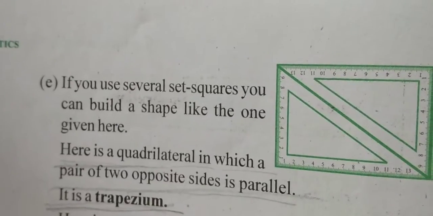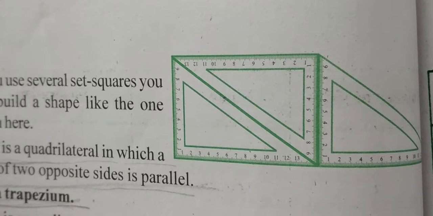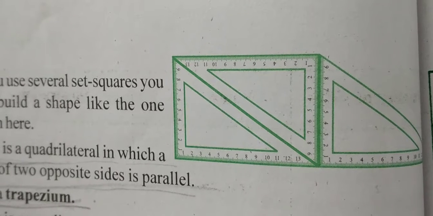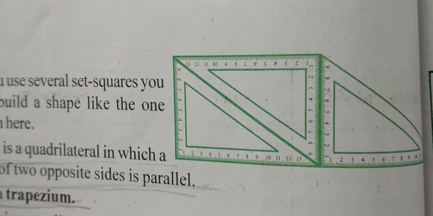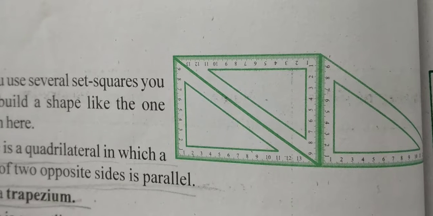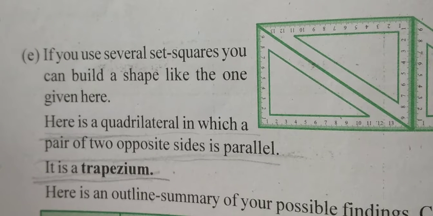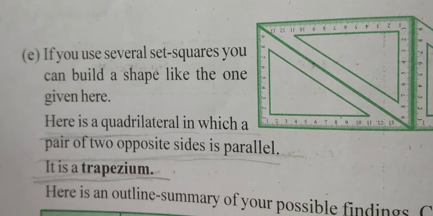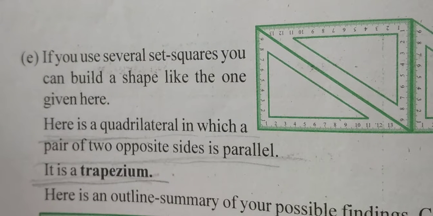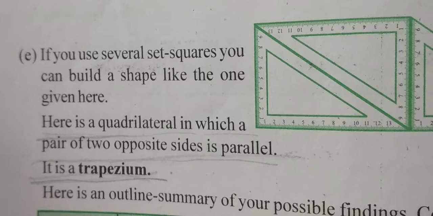The quadrilateral, here you can see set squares arranged in such a way, 3 set squares are being used to explain the trapezium. It's a type of quadrilateral in which a pair of opposite sides is parallel. Only one pair.